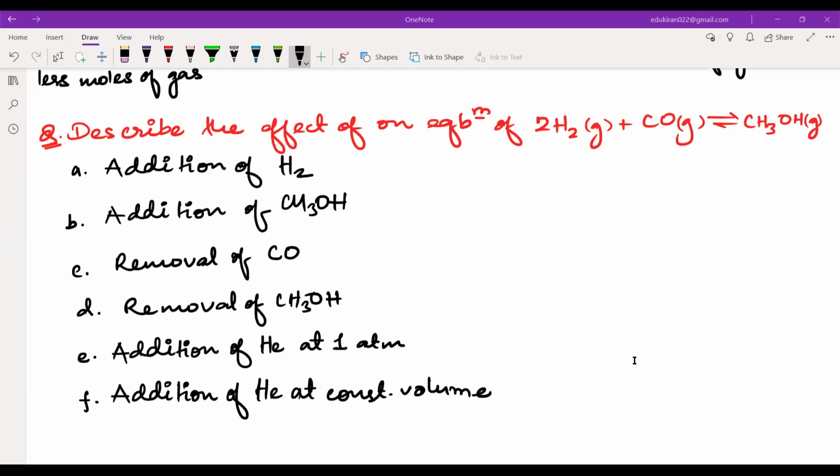So whatever change I make to disturb the equilibrium, if I'm adding a reactant, then I'm disturbing the equilibrium, because the concentration of reactant has increased. To maintain the equilibrium, the reactant I have added will be consumed to form product.